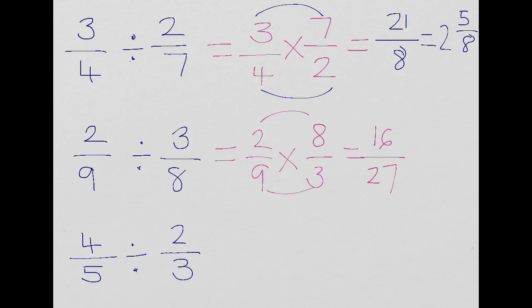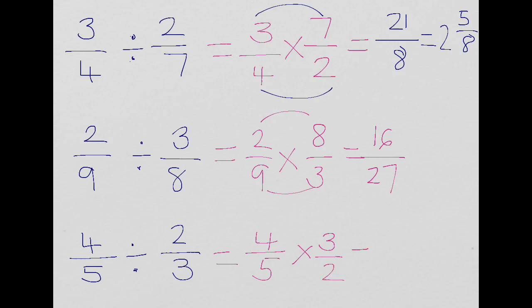So the last one, I want you to write all of this next stage. So press pause, copy out the question to start with. Can you now write what would go here? Okay, hopefully you've written 4/5 multiplied by 3 over 2.